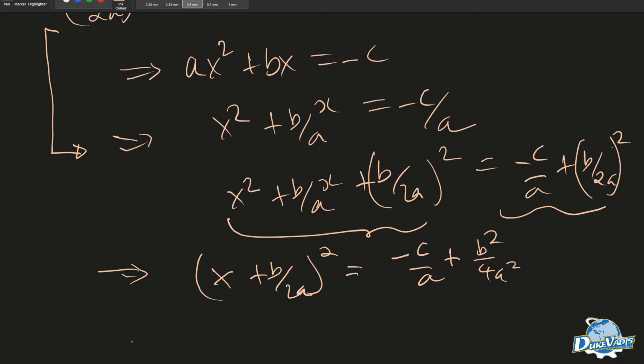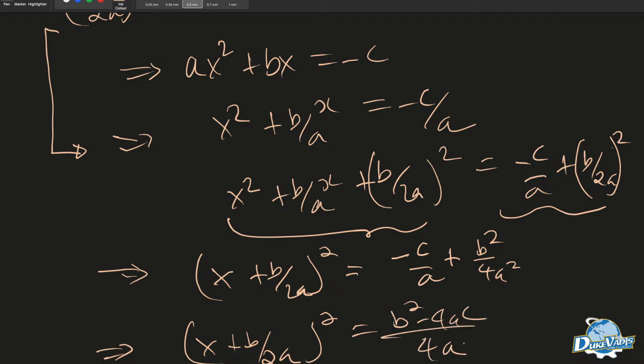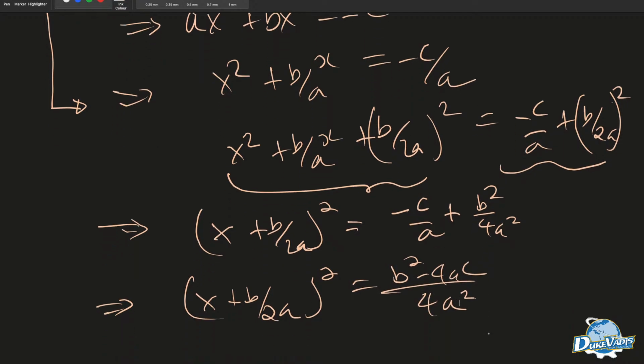Then we ended up saying x plus b over 2a squared is equal to b squared minus 4ac all over 4a squared. So you see, the method of completing the square is what we have here.